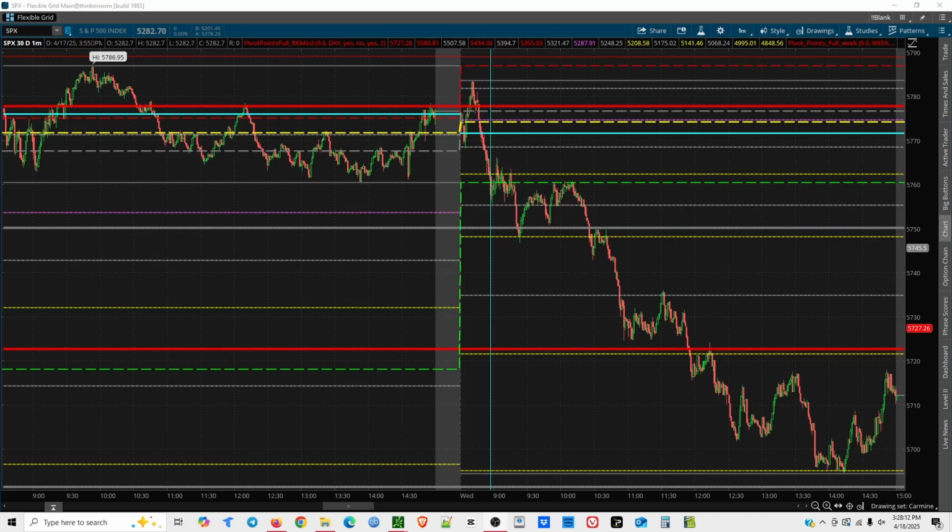Also, I'm keeping on the main pivot points and the weekly pivots, but I've stripped away anything volume related like VWAP, volume profile, and also all the moving averages are gone.